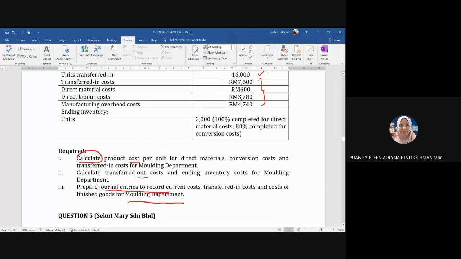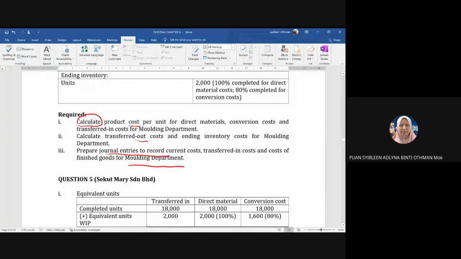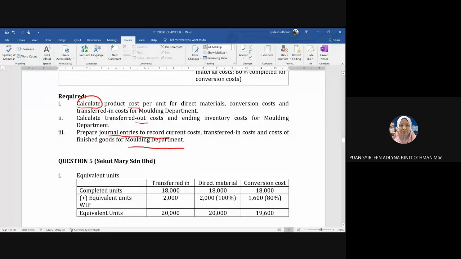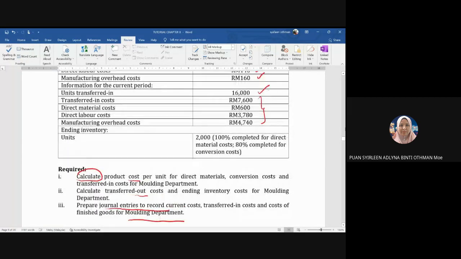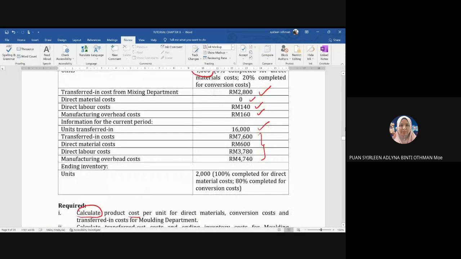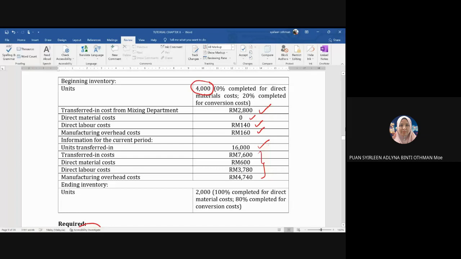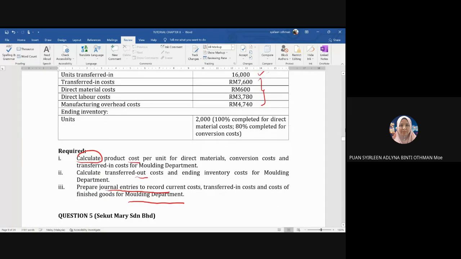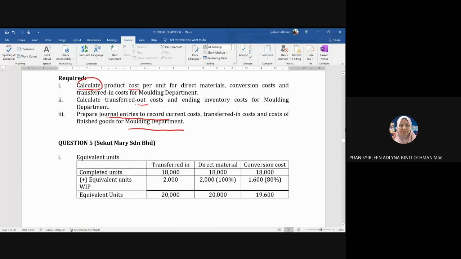Okay, alright, so now we are going to calculate the equivalent unit lah. Okay, completed unit. Completed unit kalau you tengok dalam soalan. Sekejap ya. Okay, that's the completed unit untuk soalan 5.